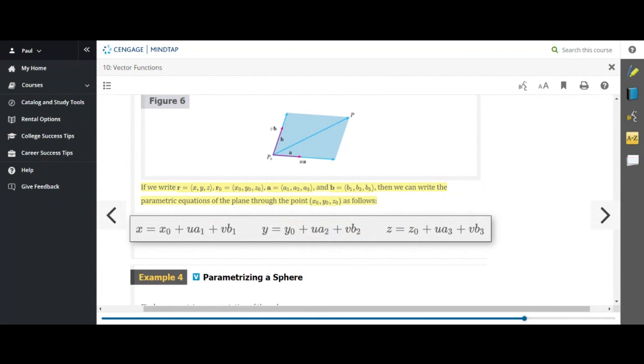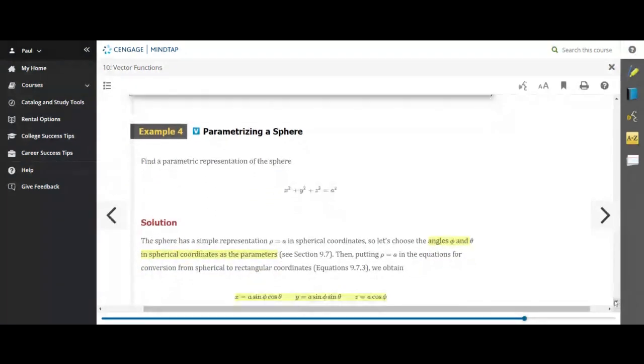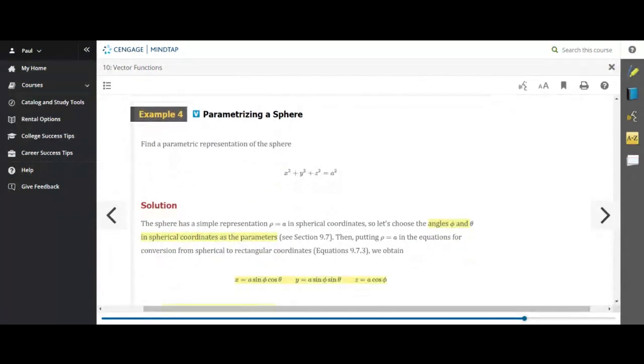Okay, well, let's go ahead and look at another example from the book, and then we'll look at a few of our own here. Parametrizing a sphere. Here's a sphere with what's the radius of this sphere? Radius A. Good, Keanu. Good, Ian.